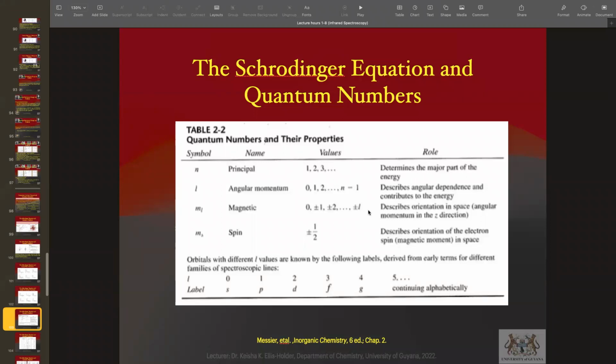Now, again, not going into all the details, but to give you a sense that every single quantum number has energy implications. In your first year chemistry class, you would have been introduced to your quantum numbers from the standpoint of the components of the actual atom and what they meant in terms of designations of orbitals.